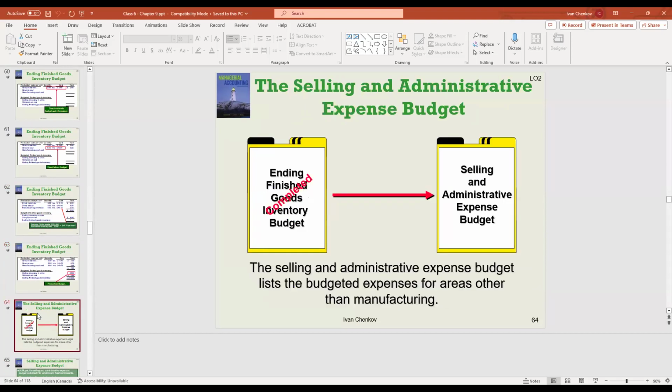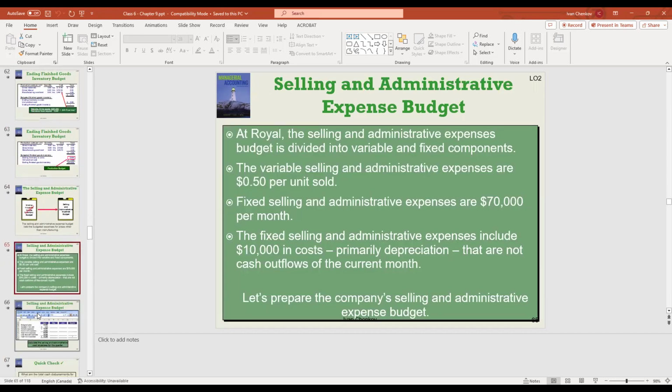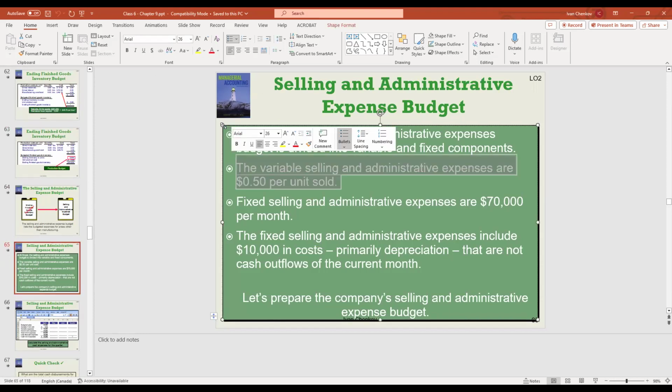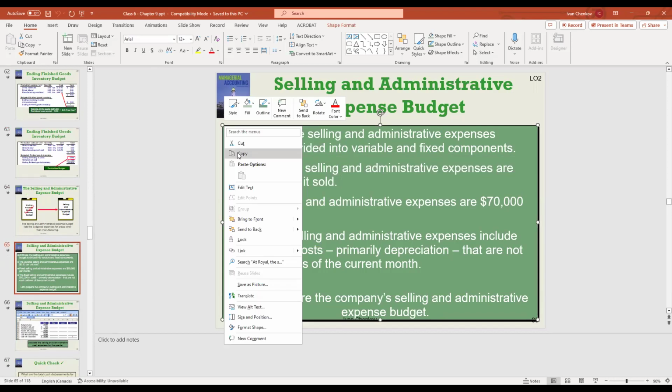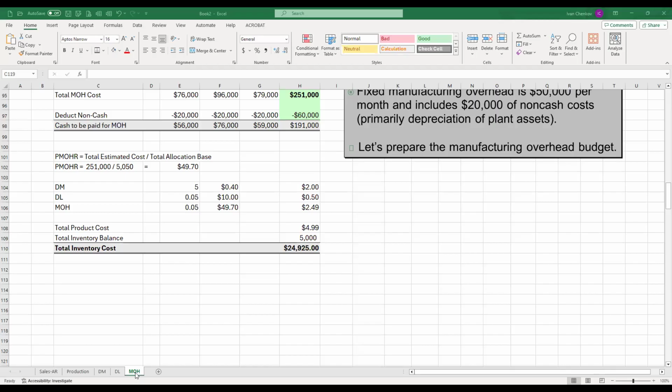We're done with this. The next thing we have to do is the selling and administrative expenses. For those, we need to gather some information, and they're providing us with it. I'm going to copy this and move to the Excel spreadsheet, where we can easily see how this is going to develop.